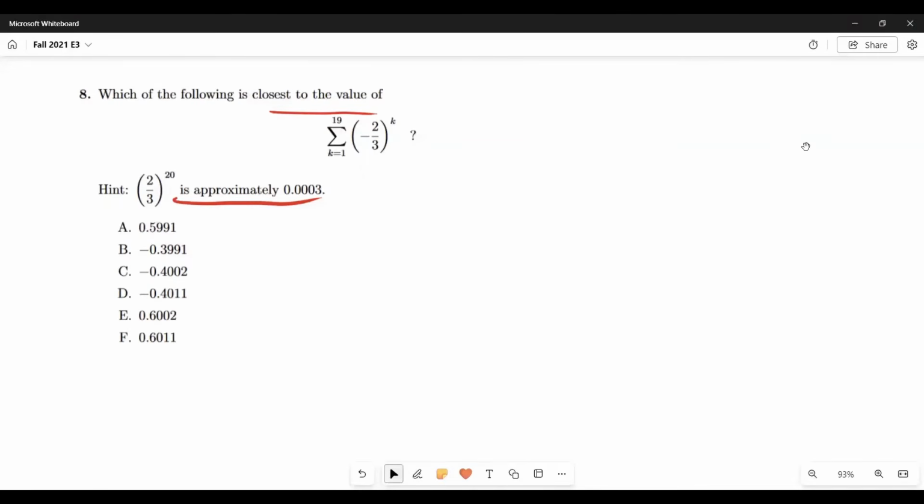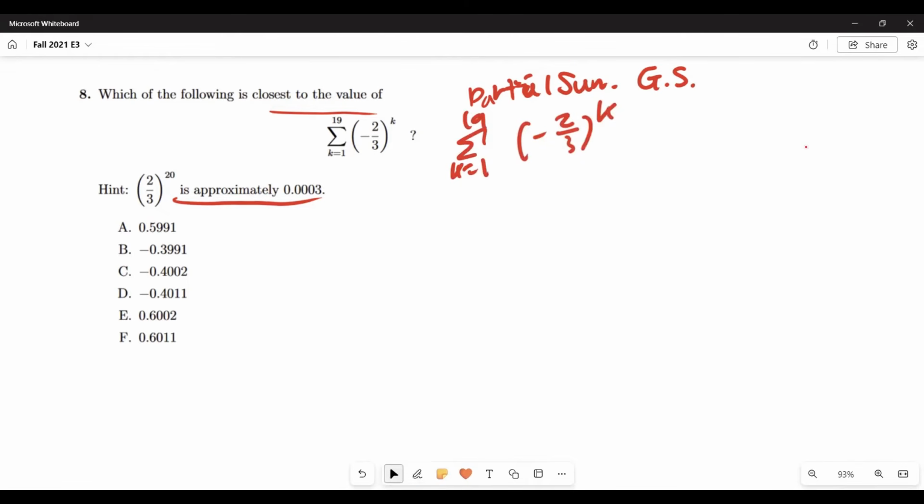Okay, this question asks to find the closest value of the sum from k equals 1 to 19 of (-2/3) to the k power. Okay, so this is a partial sum question of geometric series. Geometric series partial sum says S of n is the same as a times (1 minus r to the n) over (1 minus r).